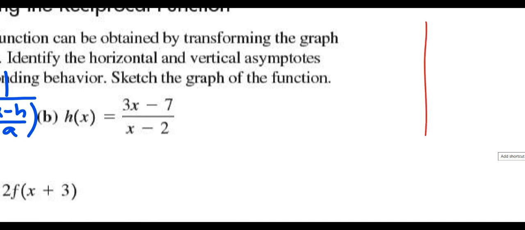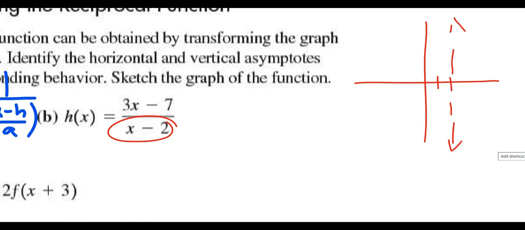Any vertical asymptotes? Two. Thank you very much. You looked at the denominator. You found your vertical asymptote. Largest power of x in the top, largest power of x in the bottom. Take the limit as x goes to infinity of that thing.